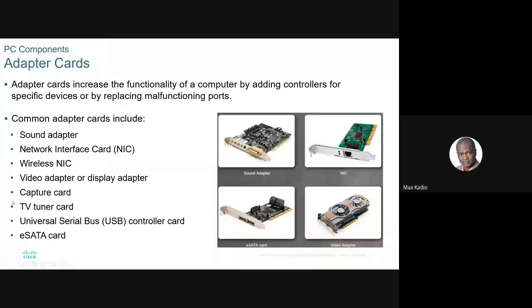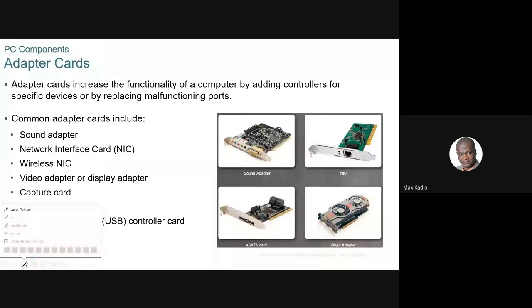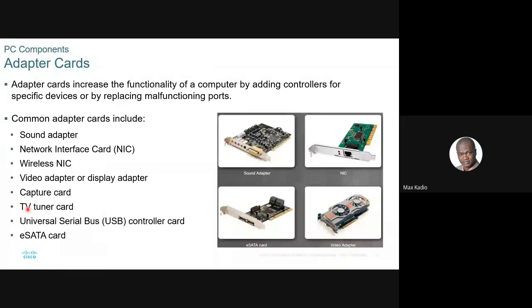Now, what is an adapter? For example, you build your house, there are no windows, no doors, no roof, so you must buy your own door, your own roof. So for your motherboard, if you want extra functions, like listening to nice music on your PC, you buy a sound adapter and plug it on the motherboard.